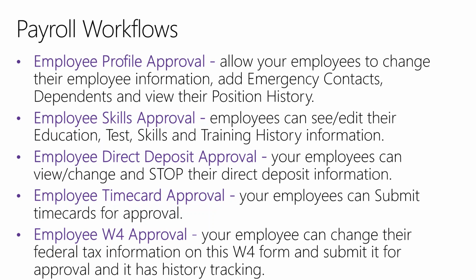Their employee time cards can be routed for approval before they go into GP payroll. And they could even be allowed to make their own W-4 changes. So if they needed to change the number of withholdings that they had because they had a change in their family, they can make that W-4 change and route that for approval as well.